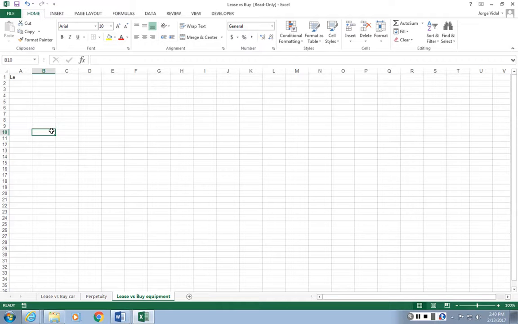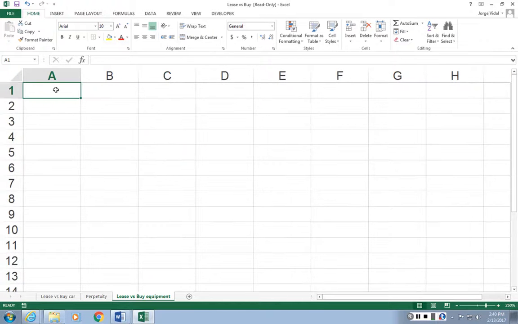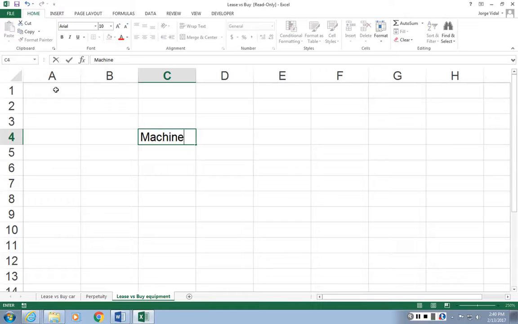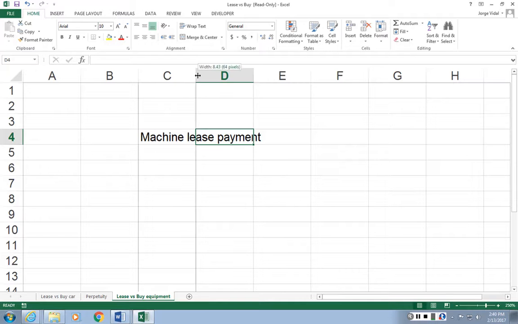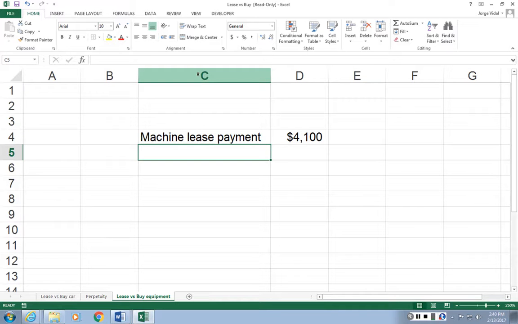It's simpler. I'm going to begin in C4. So you can be in the same one. C4. And it will be machine lease payment. And it was 4,100. You can read it in your handout. Other inputs we need, loan rate is 6%.